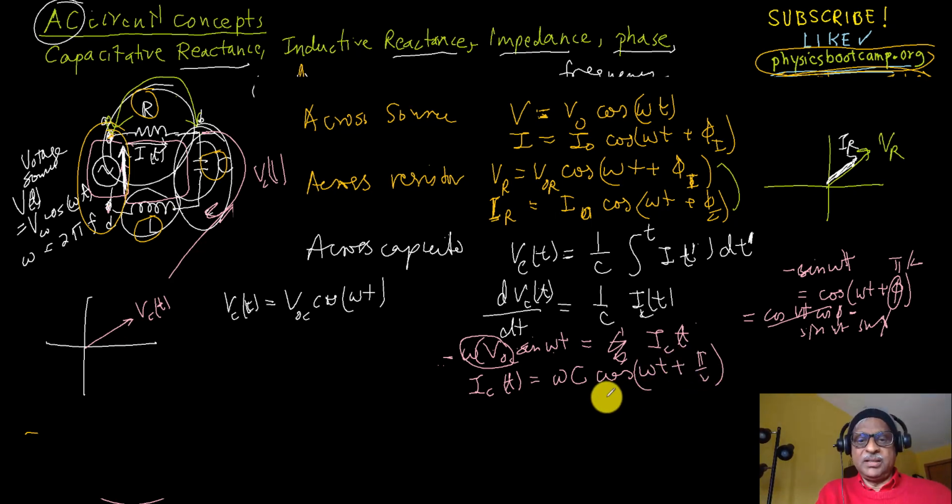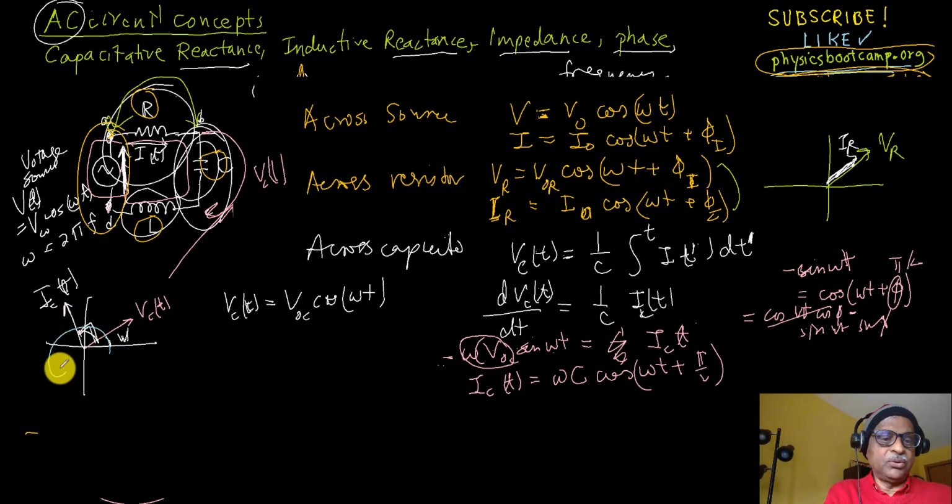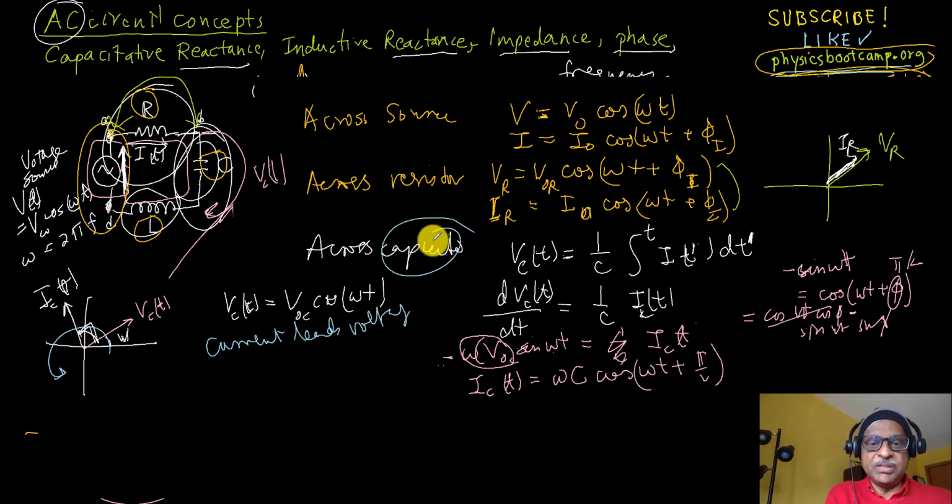You can see that when this is omega t, I have to go another 90 degrees to get to IC of t, and the whole thing will be rotating like this, right? So the current actually leads. The current leads the voltage across the capacitor by pi over 2 in phase.